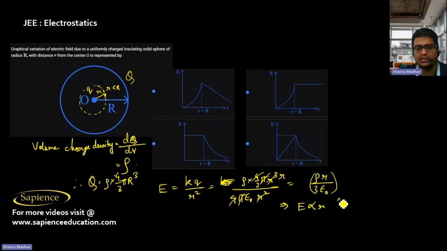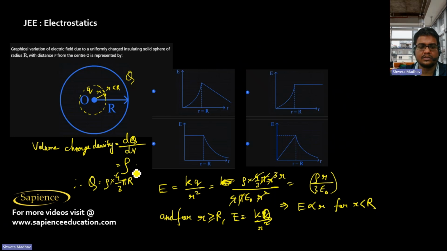So it means here the electric field is directly proportional to r for r less than R. It will be a straight line initially. And for r more than or equal to R, the electric field will be equal to KQ by r square. So K into capital Q we should use, since the entire charge will come.